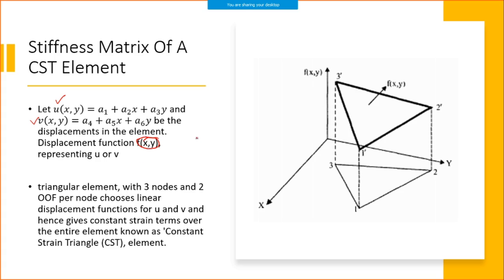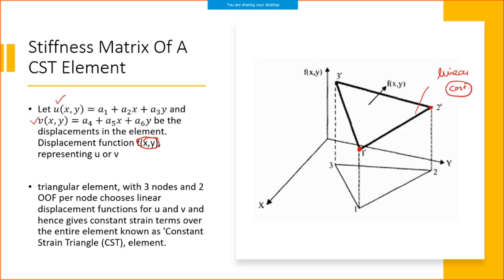If I have three nodes, then joining these points gives one equation, which is a linear equation. If I take a derivative of this linear equation, I get a constant.